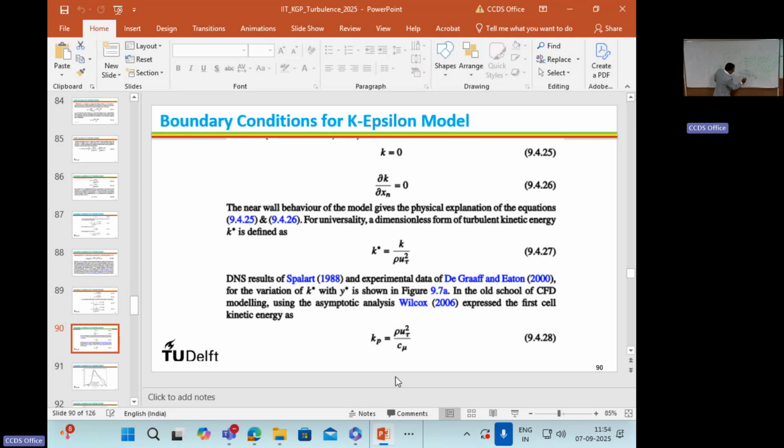Tau wall times dp over mu wall, correct me if I am wrong algebraically. Correct. So once the internal velocity is calculated from your CFD solver, these velocities are updated from this formula.